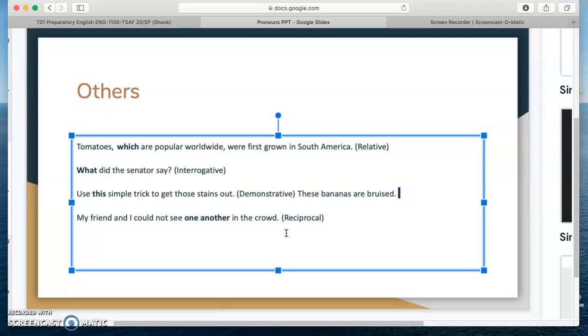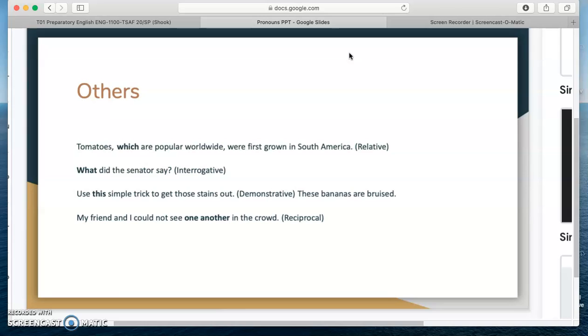Each other and one another are our reciprocal pronouns, and they refer back to each of the subject pronouns, or theoretically the object pronouns as well. But these are our list of pronouns that we'll need for this course.